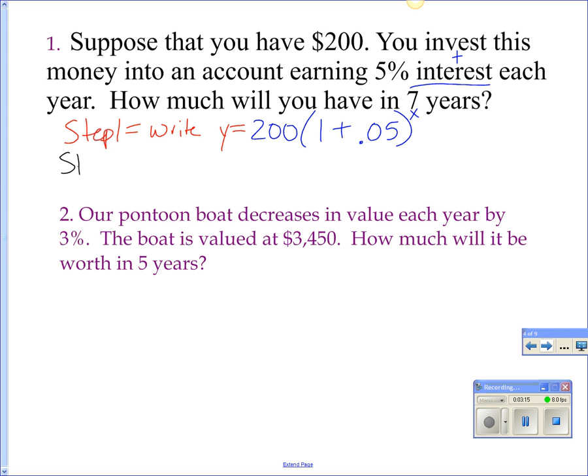All right, so step 2 is to use your calculator. Where can I put this in my calculator? The y equals. So let's do that now.